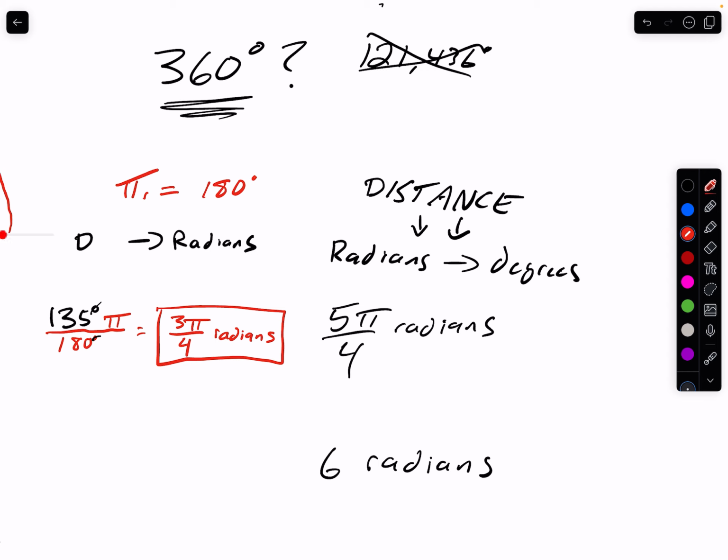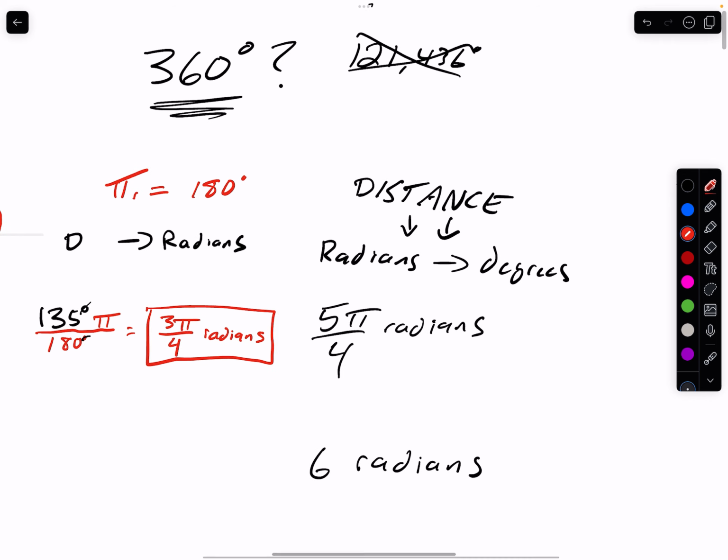Okay, so very often you're going to have times where pi is included in your values in radians. Now, what happens if we have radians and we want to go back and figure out how many degrees that is? You're going to keep the same thing in mind, 180 and pi, but this time we're going to put 180 on the top and pi on the bottom.